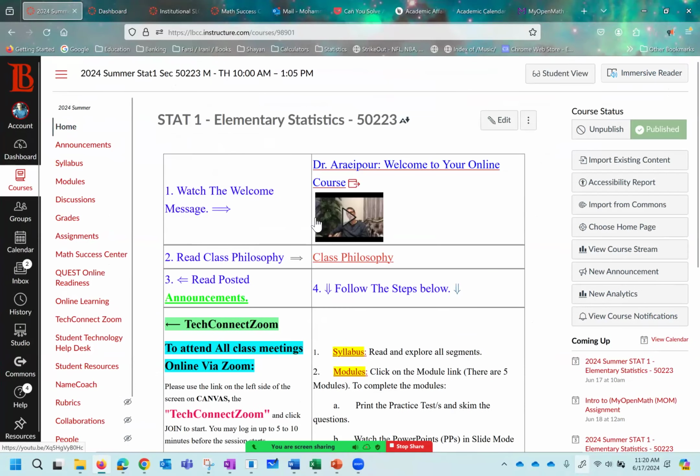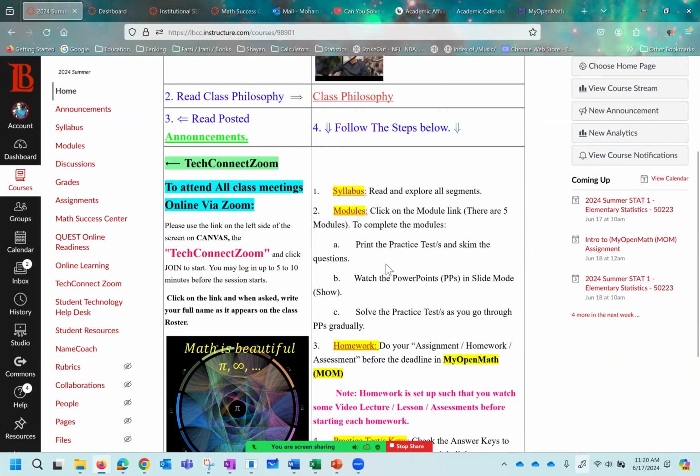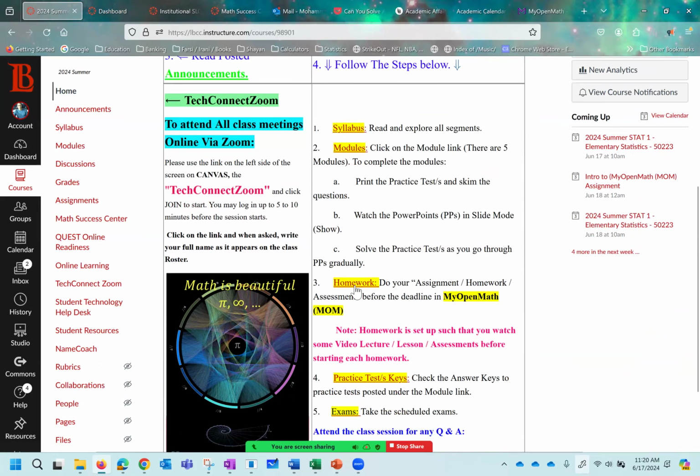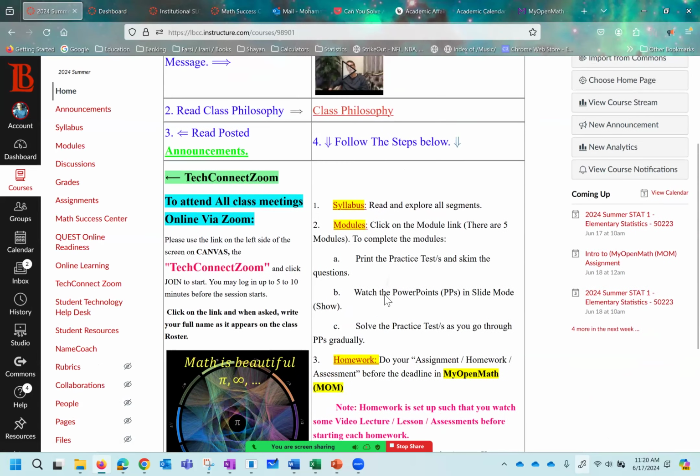Going back to the home page, the next one is number 4. Number 4, it has the following underneath: syllabus, modules, where you can find the practice test, PowerPoint solution to the practice test, and the exams. So just about everything is under the modules.